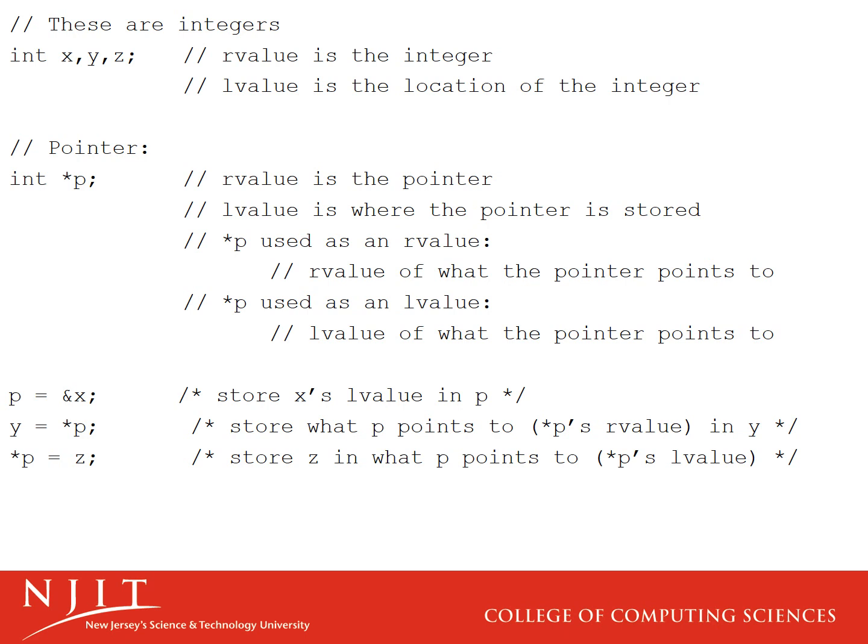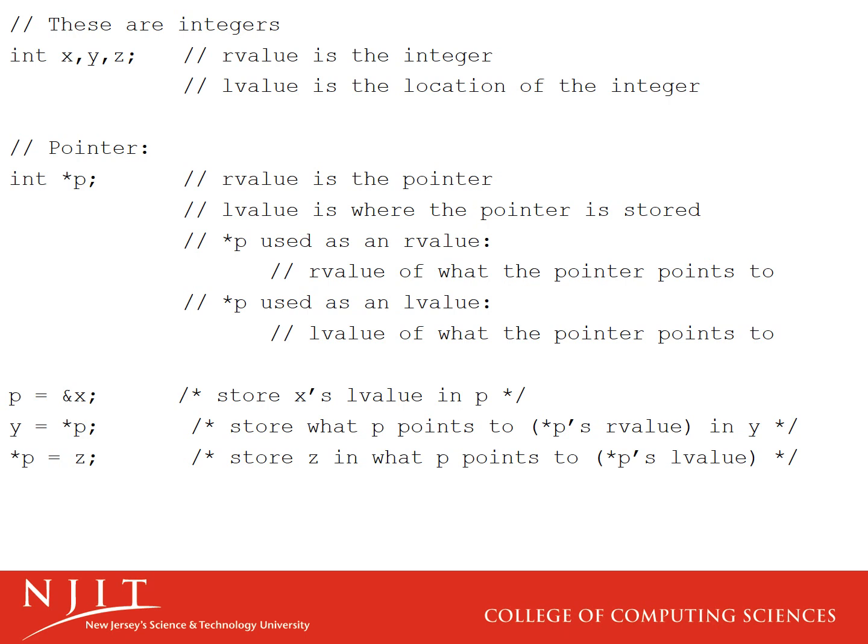In the next line I say Y equals star P. Star P says go to that pointer, get its memory address, go to that pointer, get the value that's associated with that, which is a memory address, and then follow it. Okay, so star P says, what does P point to? Well, P points to X in this case.